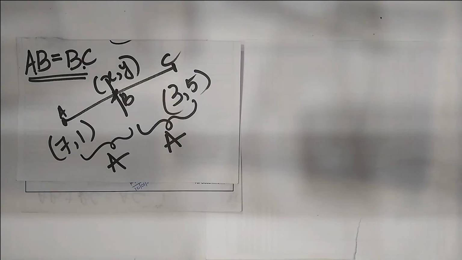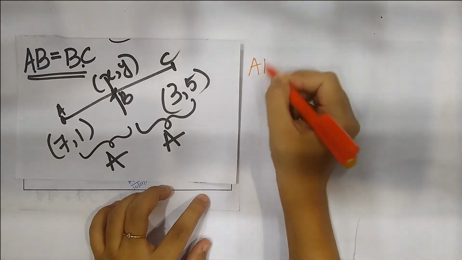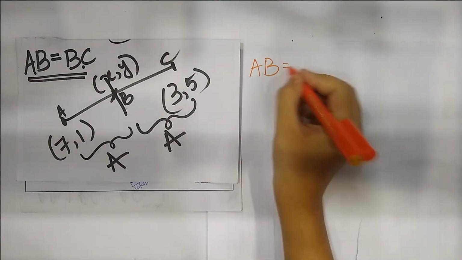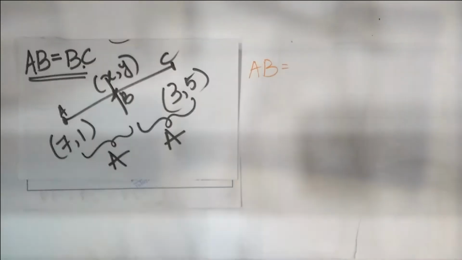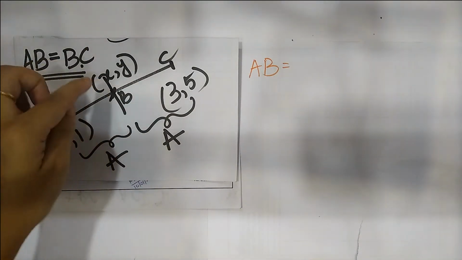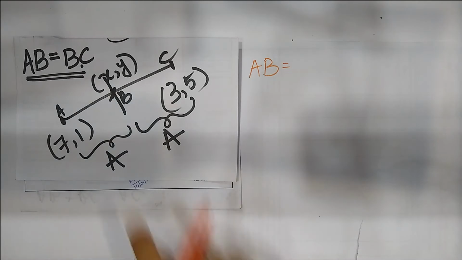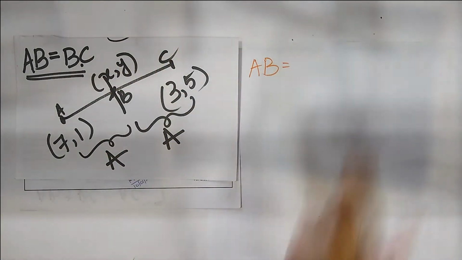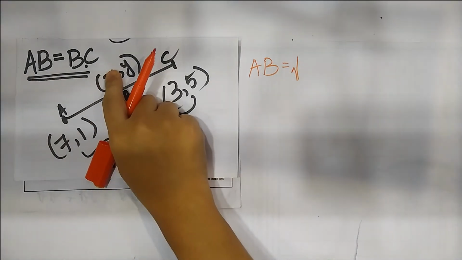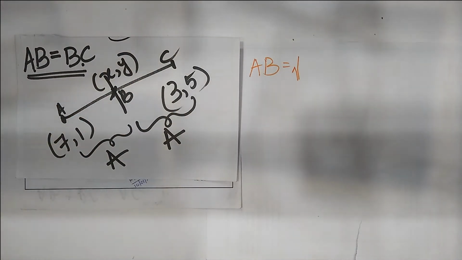First let us find the distance AB. We know these are the 2 coordinates. The coordinate B is x comma y. It does not have numbers, but it has variables x comma y, and we'll be placing x comma y itself in the distance formula. So AB will be square root of x2 minus x1. What is x2?